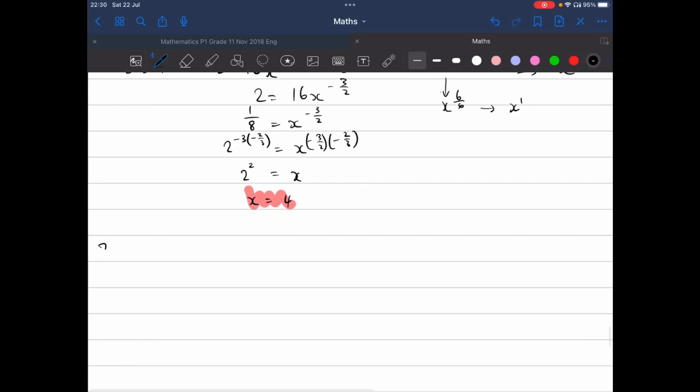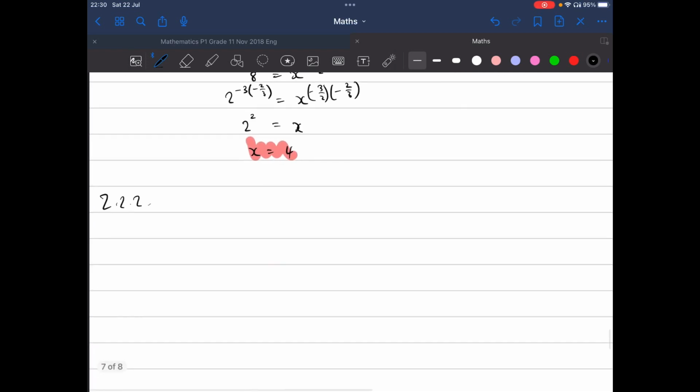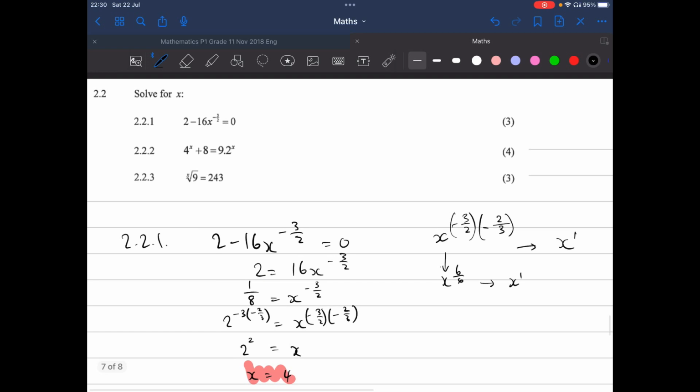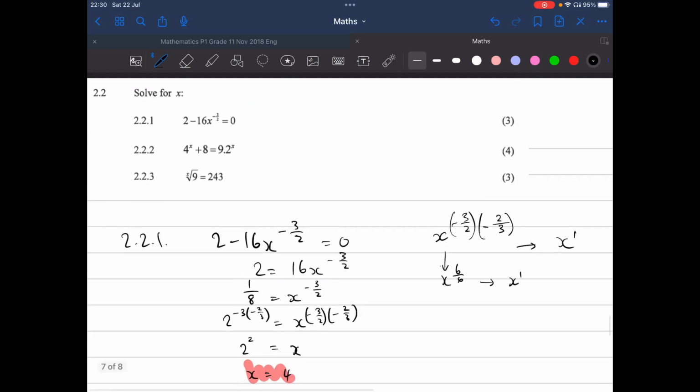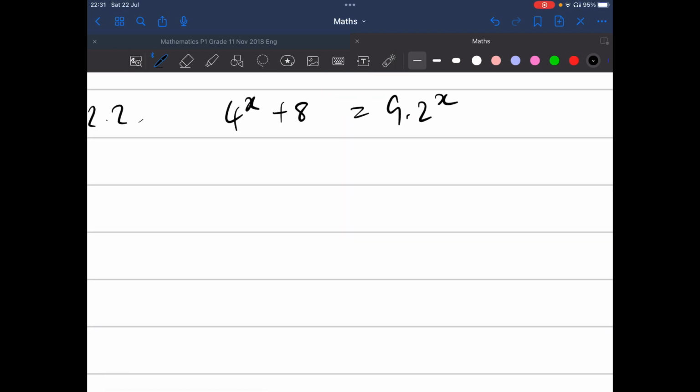Okay, let's move on to 2.2.2. It says 4 to the x plus 8 equals 9 times 2 to the power of x. Okay, so to simplify this here, let's start making this a bit simpler.